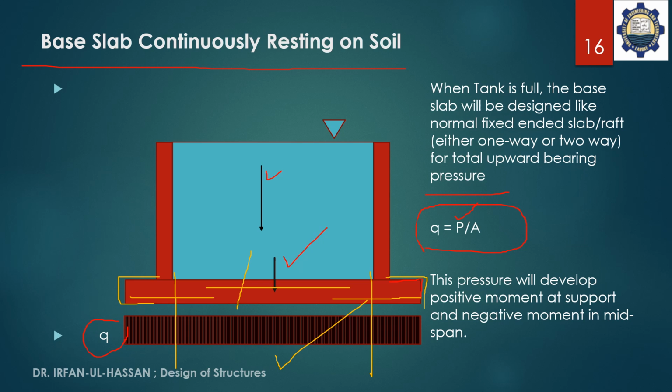And when it is a two-way slab, then you have to see the aspect ratio, and we can use any fixed ended slab coefficients, or we can analyze this plate as a fixed ended slab. So the condition will be the same. When the load is acting upward on a fixed ended slab, the negative moment will be developed in the middle zone, and the positive moment is developed on all sides of the support.